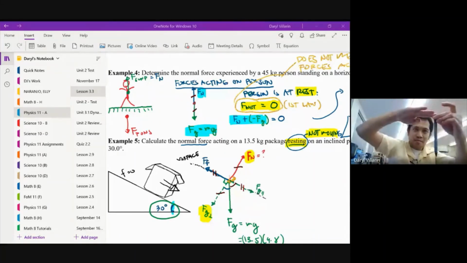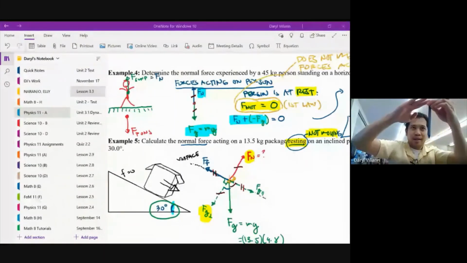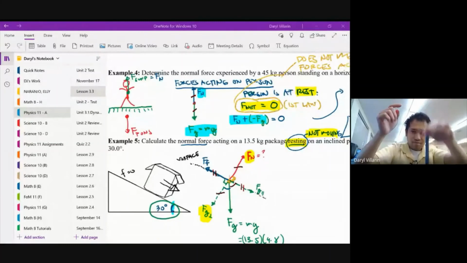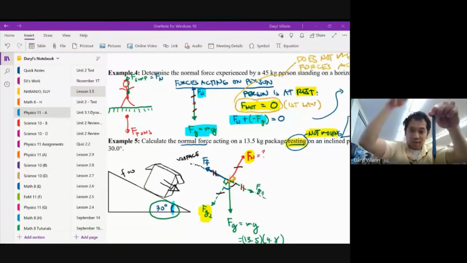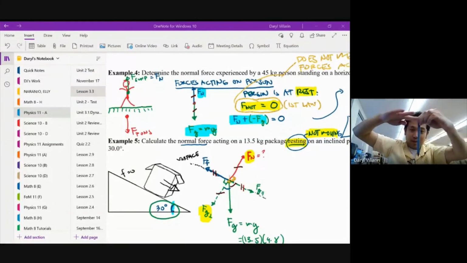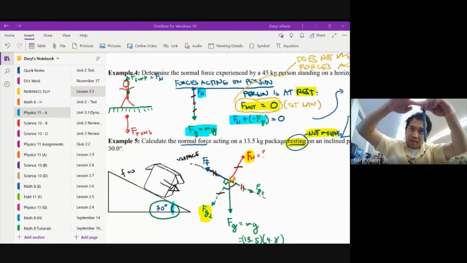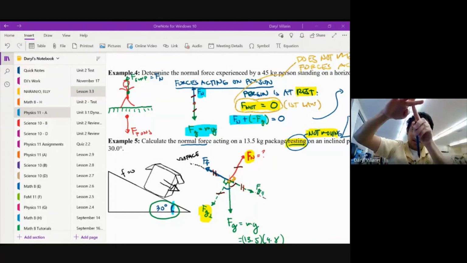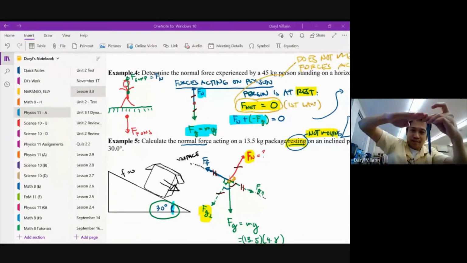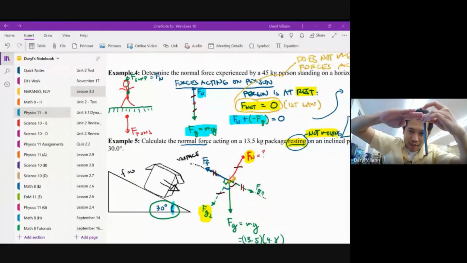If I'm gonna move this one up, remember that this will always be pointing downward, just like your weight, because weight is always downward, right? But if I'm gonna move this one up, remember initially, what is the angle here? That's 90 degrees full, right? They're perpendicular, correct?